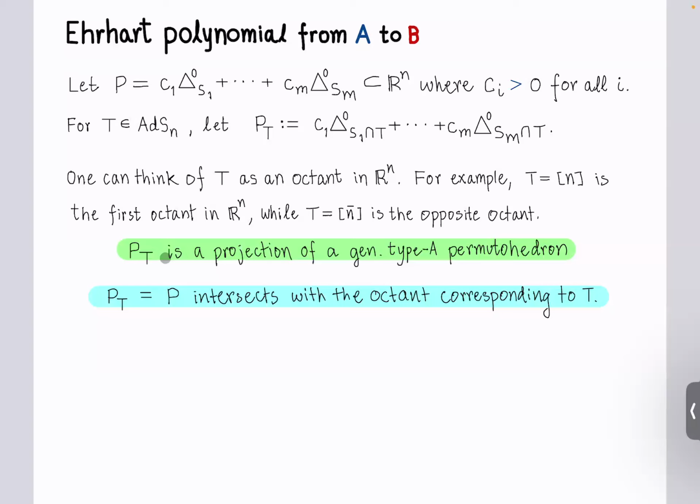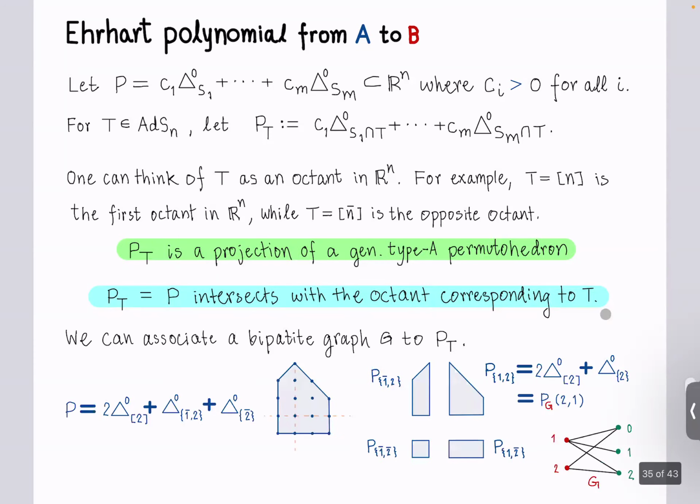P_T, you can think of it as a projection of a generalized type A permutohedron, and this is where tools and techniques from generalized type A permutohedra come into play. And here is another important observation: P_T is equal to P intersected with the octant corresponding to T.